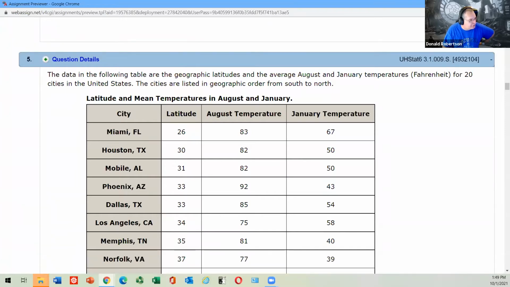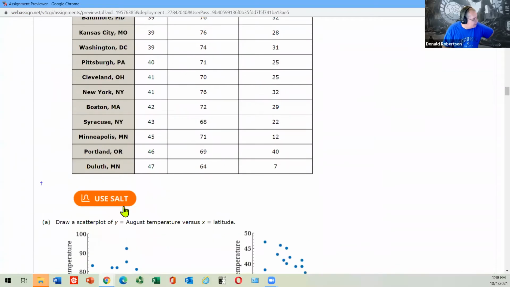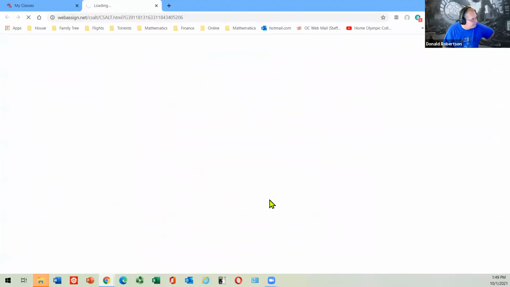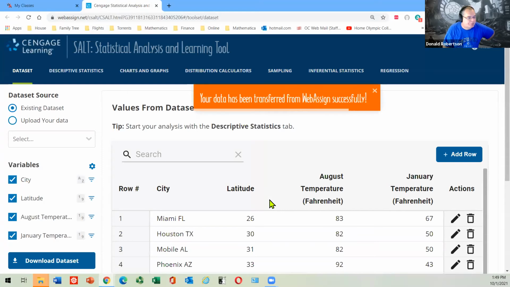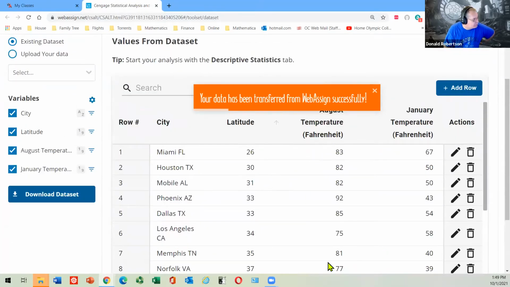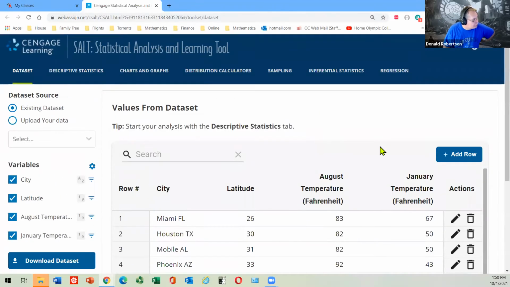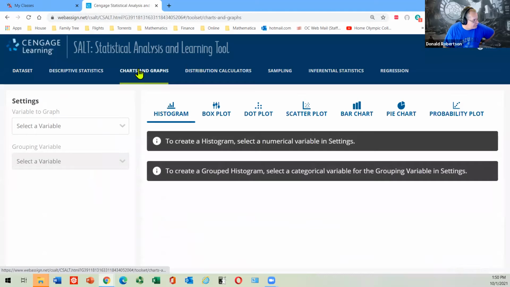Right, so right now you're looking at the latitude question. I better shrink this right up. You see it here? Right, so you hit the SALT button. You've got this fella here, or you will in a minute. Okay, it's transferred. You're going to go to charts and graphs, and you're going to go to scatter plot.